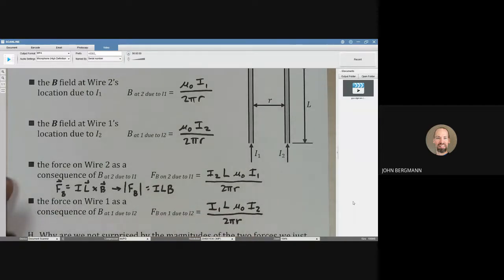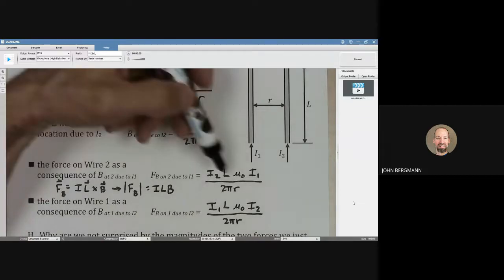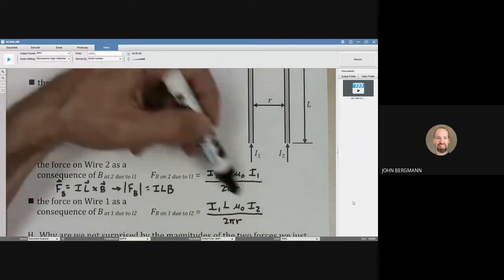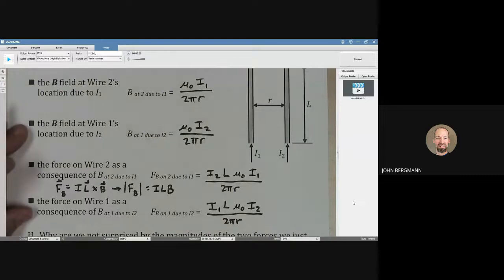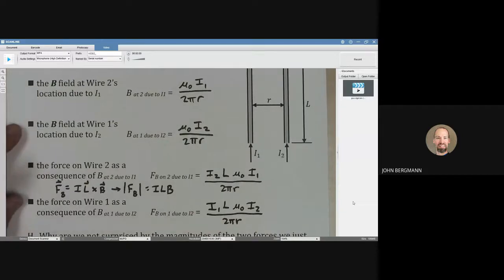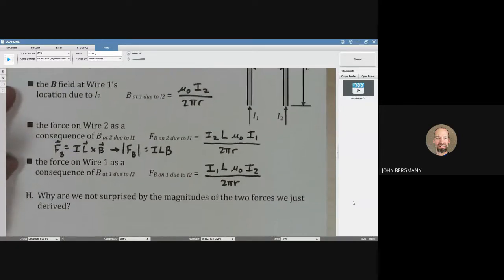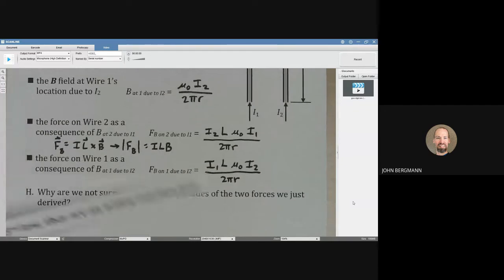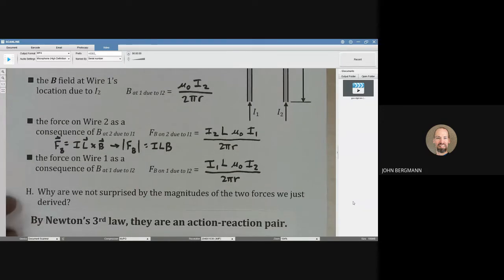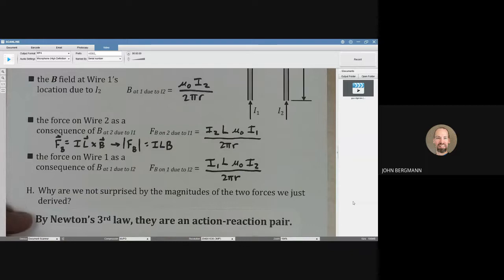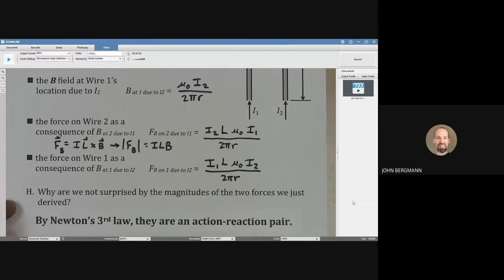How do those two compare? You got an L, you got a mu naught, you got an I1, you got an I2, and in the denominator 2 pi R. Those babies are equal. How come we're not surprised that those are equal? Because those are an action-reaction pair, Newton's third law. Even if the currents aren't equal, doesn't matter, the force on each wire, one on the other, is going to be the same.